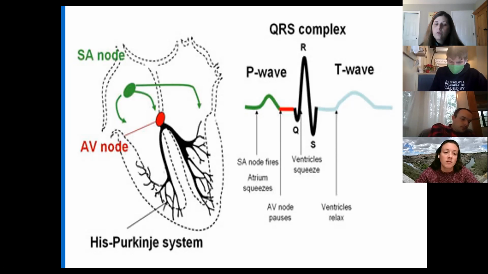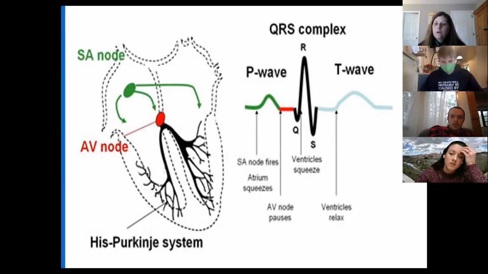Those feed the ventricles and that ventricular muscle, and that's going to be represented by the QRS. The ventricles are depolarizing, contracting, squeezing, whatever you want to call it. That's what's happening during the QRS. Then the T wave is that light blue color there. That is the ventricles relaxing. We call that repolarization.